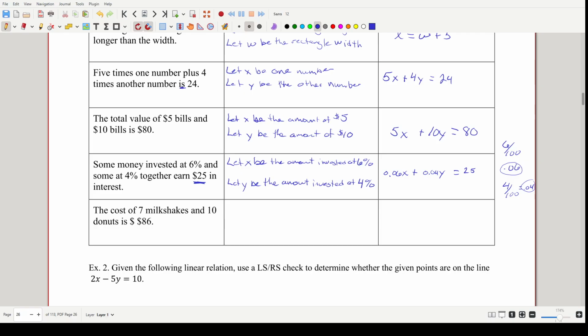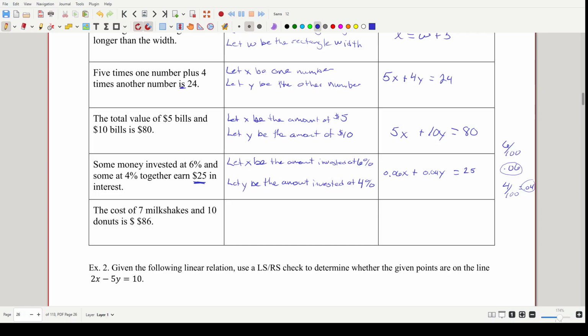All right, one more. Just one more. The cost of 7 milkshakes and 10 donuts is $86, with a typo of an extra dollar sign here. What are our unknown values here? Well, think about it.